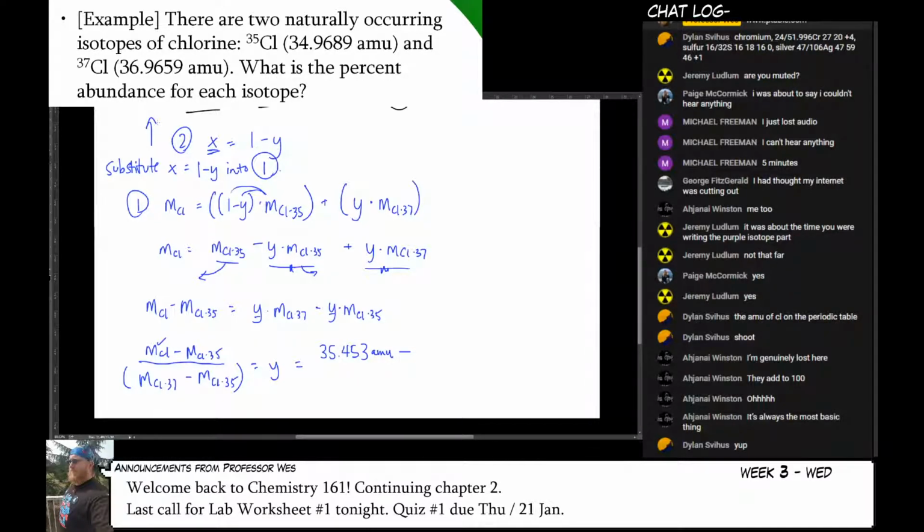So chlorine-35 has an isotopic mass of 34.9689 AMU. So we got that one. It's divided by the mass of chlorine-37. So that's 36.9659 AMU.